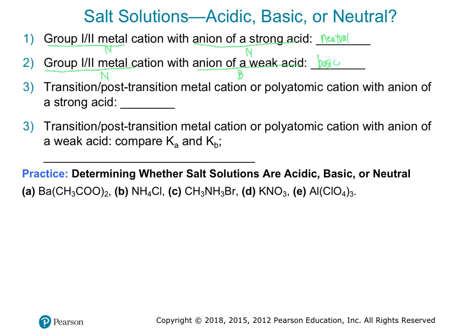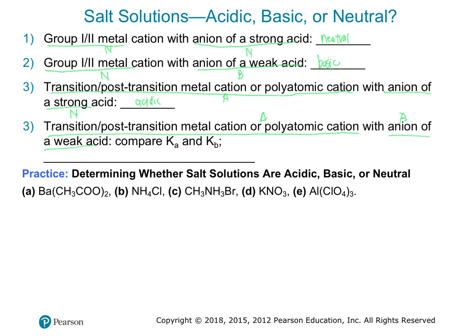If I have a non-group 1 or 2 cation, so that is acidic, with an anion from a strong acid, that would be neutral, so I'll have an acidic solution. And if I have a non-group 1 or 2 cation, so that would be acidic, with an anion of a weak acid, so that would be basic.